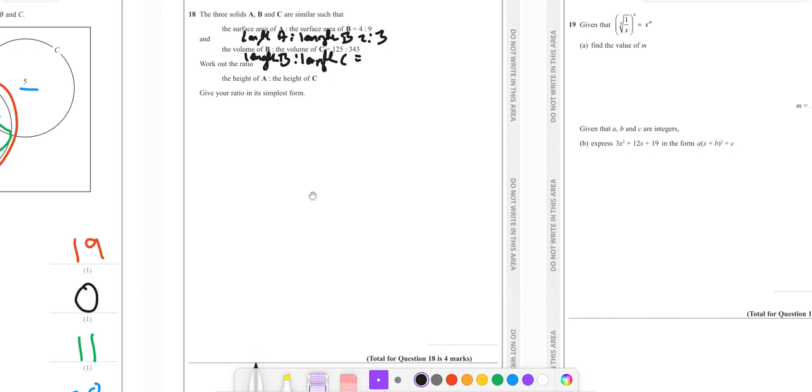So that's 5 times 5 times 5, so that's 5. And that's 7.